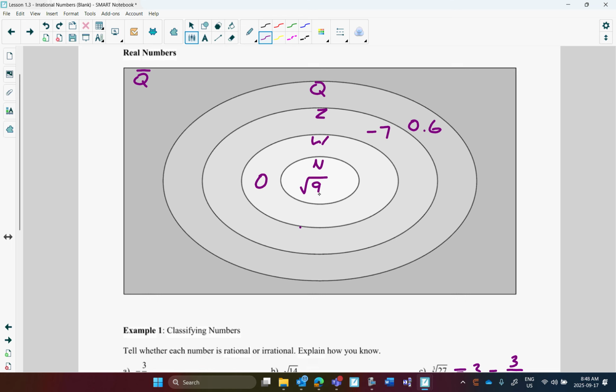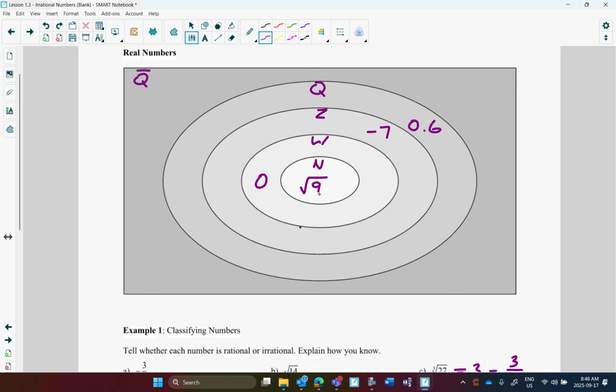Where would I put the square root of 10? Sorry? I don't know. I can't hear you. Okay, well, never mind. Anybody?